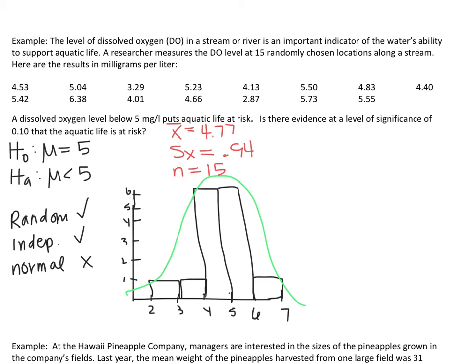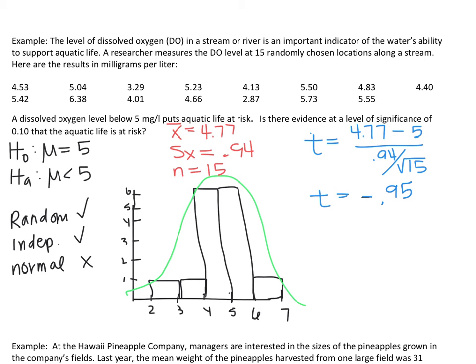So now we can go ahead and calculate our t statistic. So we're going to do 4.77 minus 5 all over 0.94 divided by the square root of 15. So we get t equals negative 0.95.